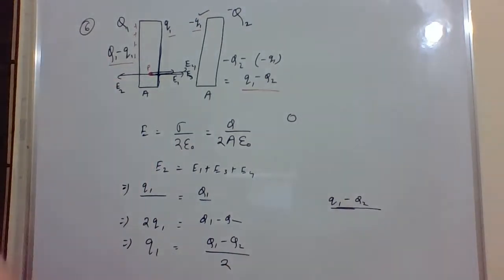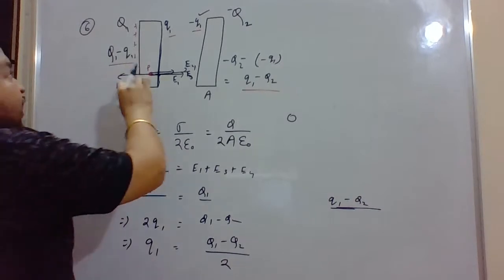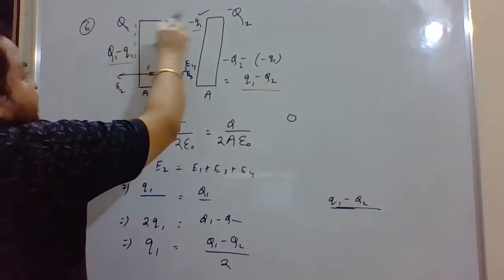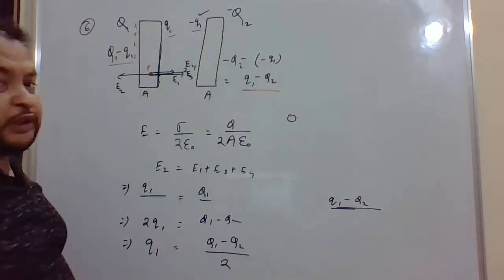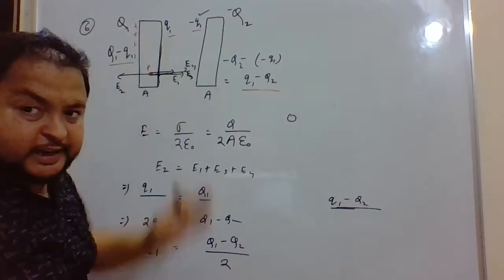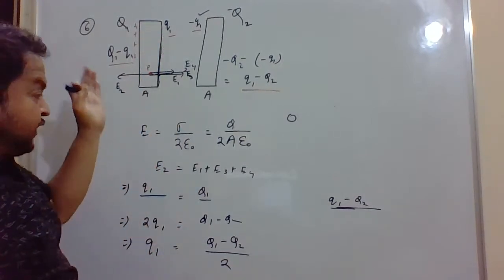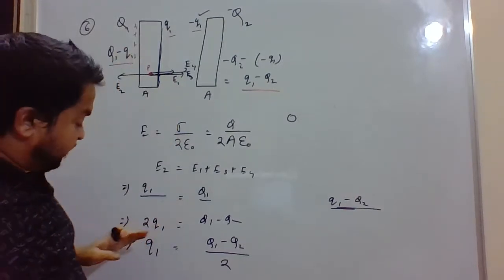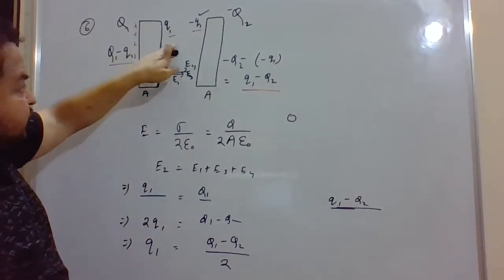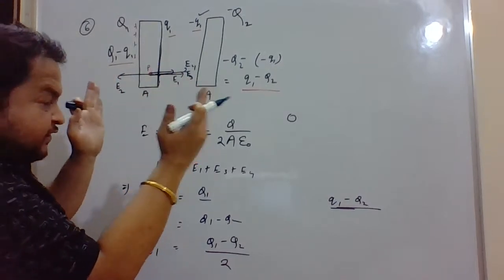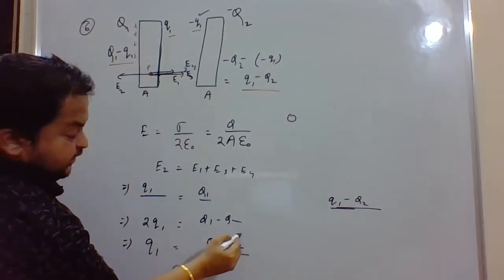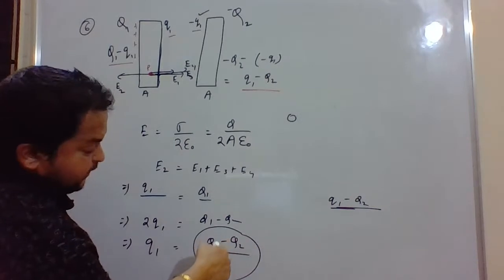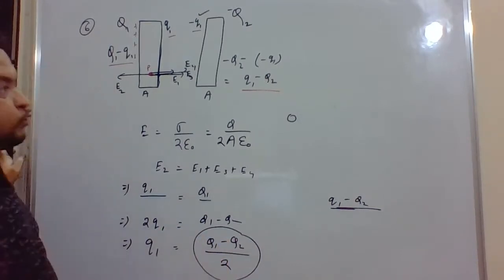So here is the interesting thing. When we are giving different charges to the different electrodes, or sorry, the different positive and negative terminals of a capacitor, the effective charge that comes on the faces facing each other is nothing but the net difference of them by 2.